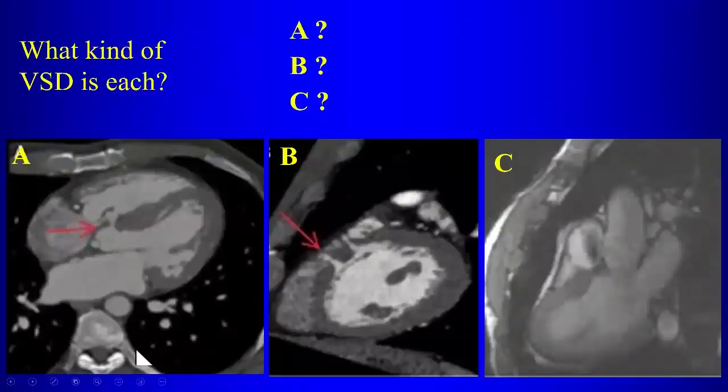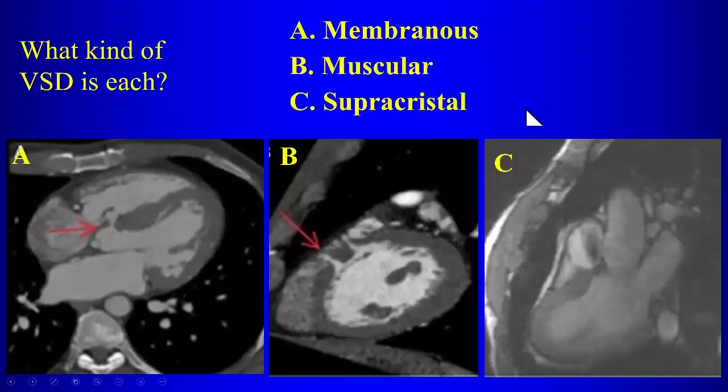All right, different types of the VSDs that we have here, okay? So this one's an easy one, so that should be muscular. This one looks like it's rather high. That's a supracristal one.